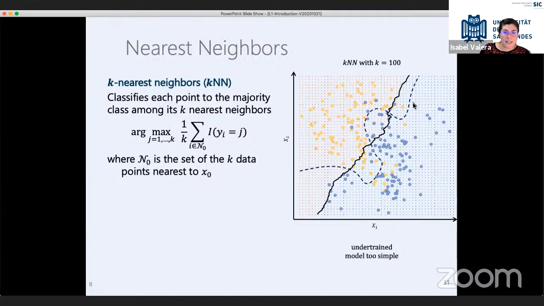Because it's like looking at the overall population in the infinite case, right? If I look at everybody, I would classify based on the majority class in the whole population. And if I go to the other extreme, I decide based on my own class, which is not very useful for prediction later because you would need to at least look at someone.